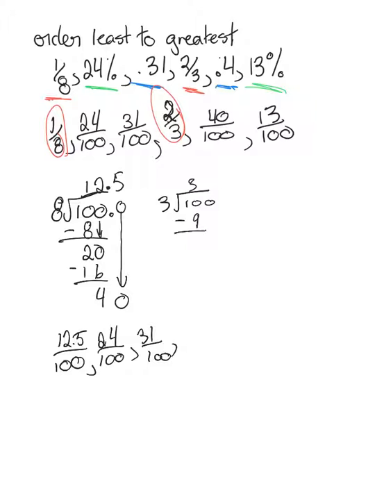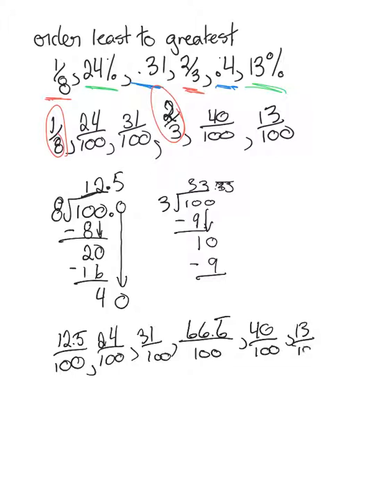Subtract the 9, 1. 3 goes into 10 3 times. Subtract the 9. And eventually we're going to find out it's 3.33333 repeating. So therefore, if we multiplied it by that, we can get 66.6 repeating over 100, along with the 40 over 100 and 13 over 100.